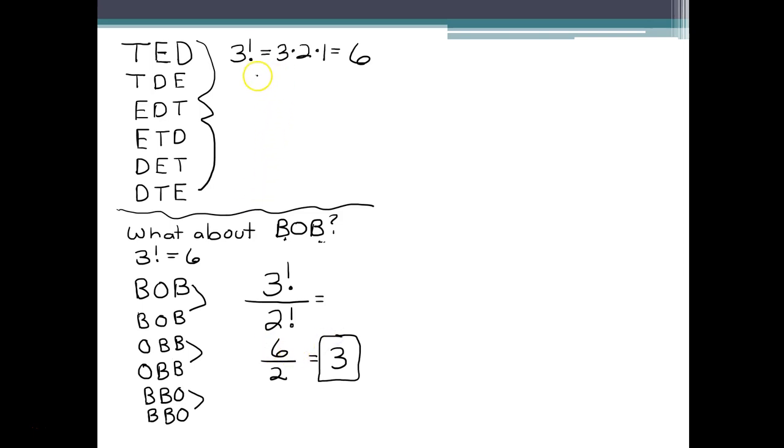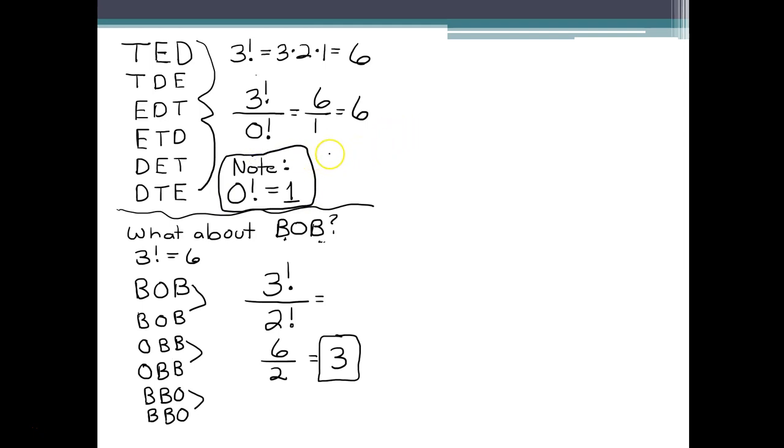Now up here on TED, it still works. You can still say 3 factorial. And notice that you don't have any letters repeating. You end up with 0 factorial on the bottom. And I know this is weird, but 0 factorial actually equals 1. That's something to keep in mind.